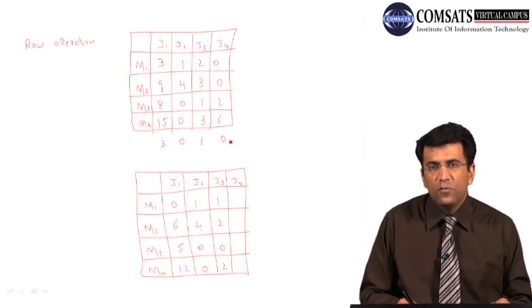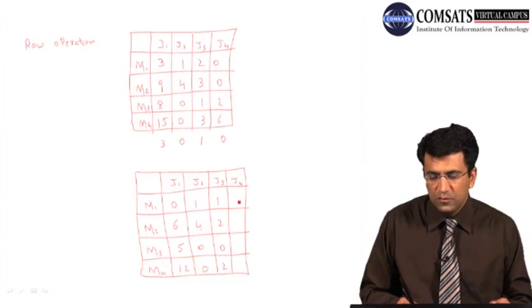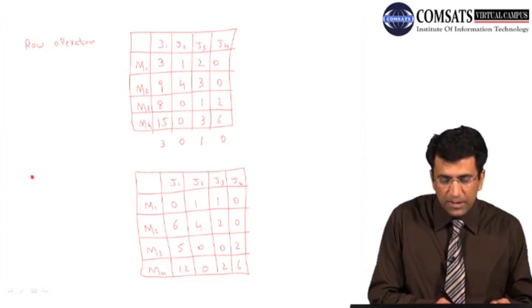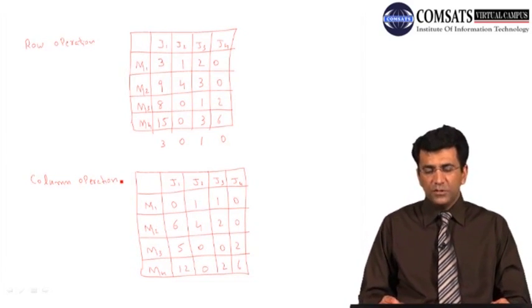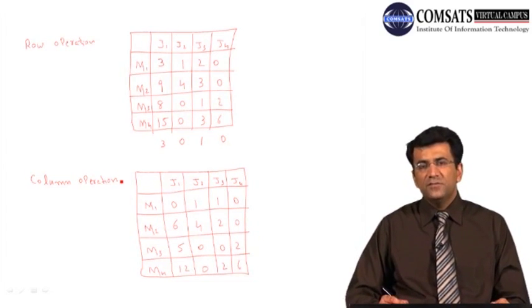The minimum value from the fourth column is 0, so this column will remain same. So in this particular step, we have applied the column operation. Now after this column operation, we'll have to assign the zeros.